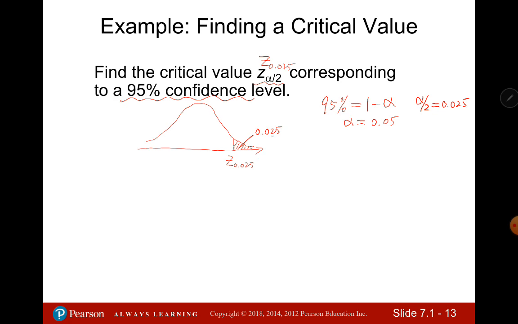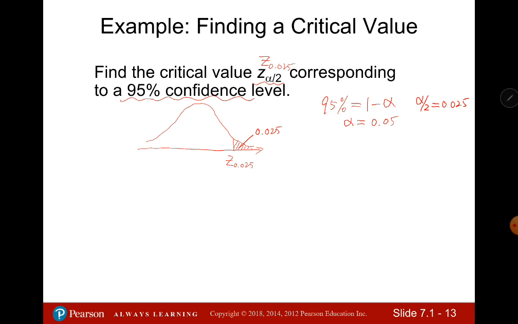We can get this value from this small number here, which shows us the right tail area is 0.025. Then the next step: how can we get the Z? We have the area, so we can get the Z by checking the Z table.